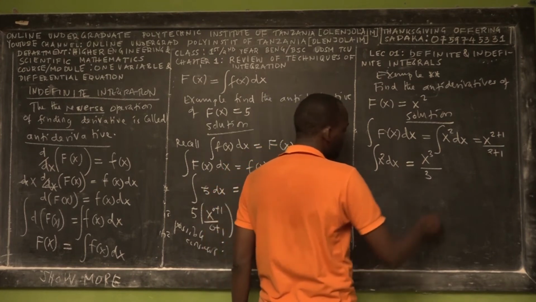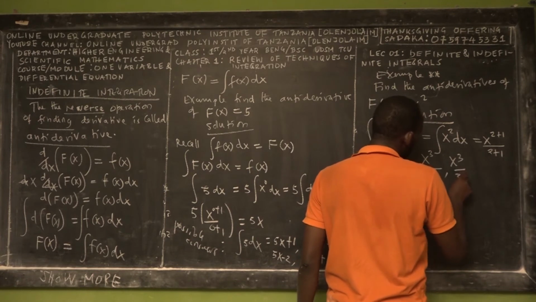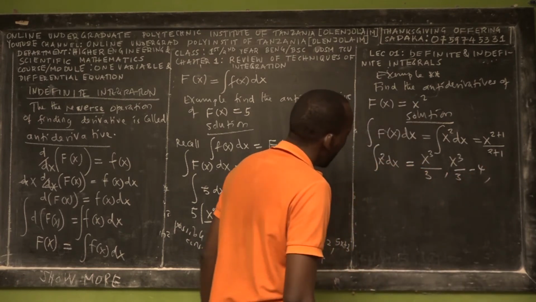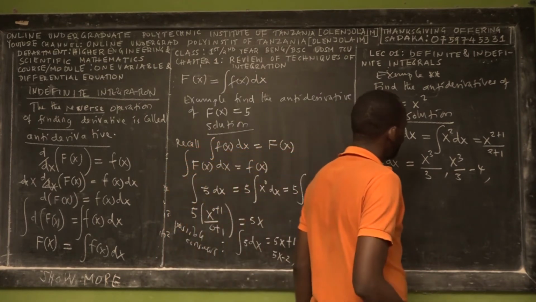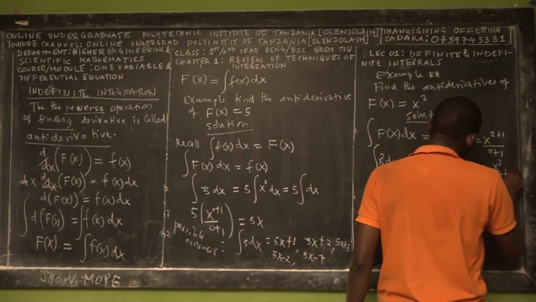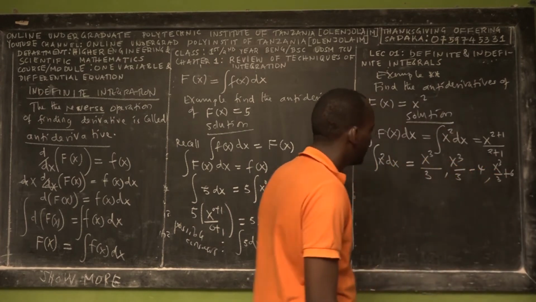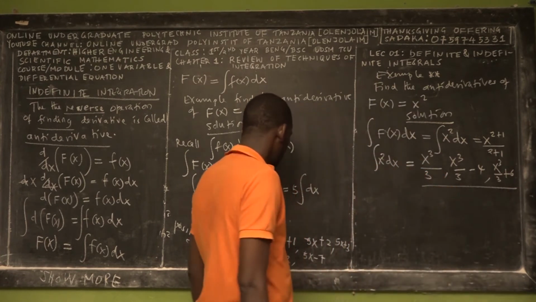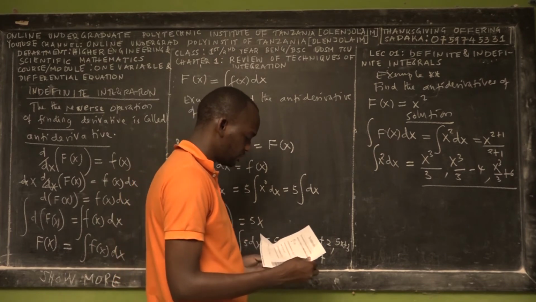This might be one of the responses, but you can also have x cubed over 3 minus 4, maybe x cubed over 3 plus 6, etc. So you have so many responses. These are possible responses.